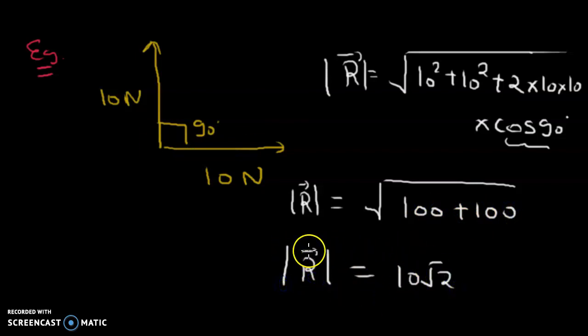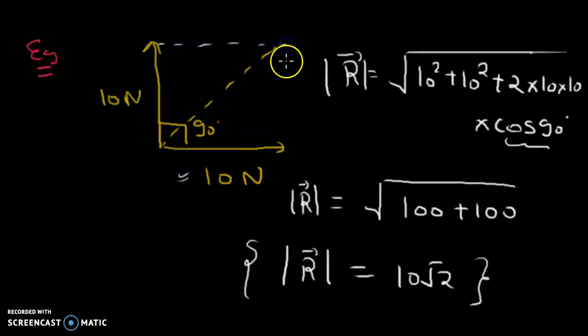So in that case the magnitude would be 10 root 2, and the angle which the resultant vector makes with the horizontal would be 45 degrees, because these two vectors are equal, 10 and 10, so the diagonal divides the angle into two equal angles.